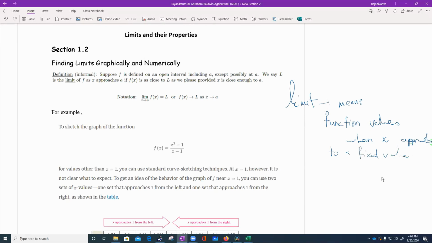So our task is to find the function value when x approaches some fixed number.